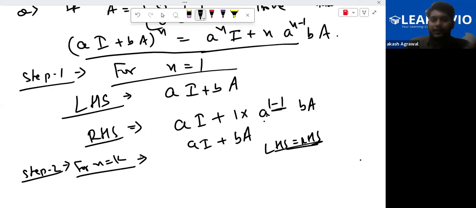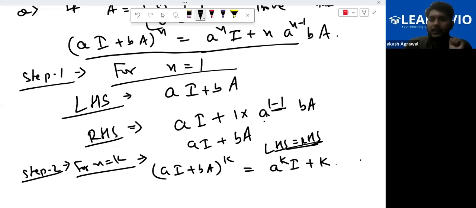For n equals to k means we just have to write the equation and put the value of n as k. So we have (aI plus bA) to the power k, and this is equals to a to the power k I plus k times a to the power k minus 1 bA. Very simple. Just write k in place of n.